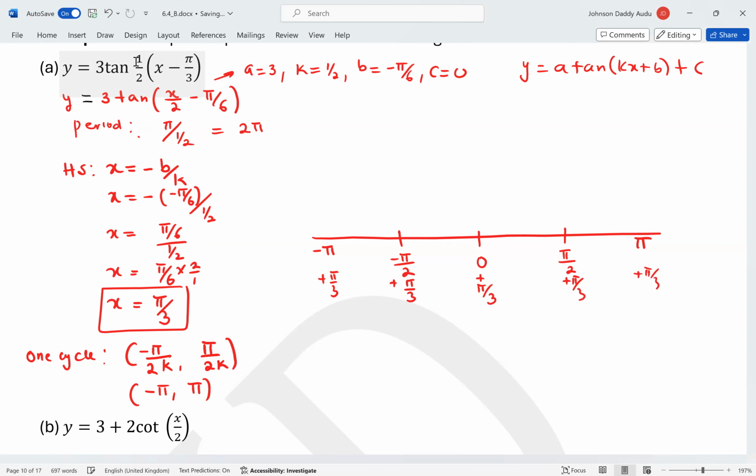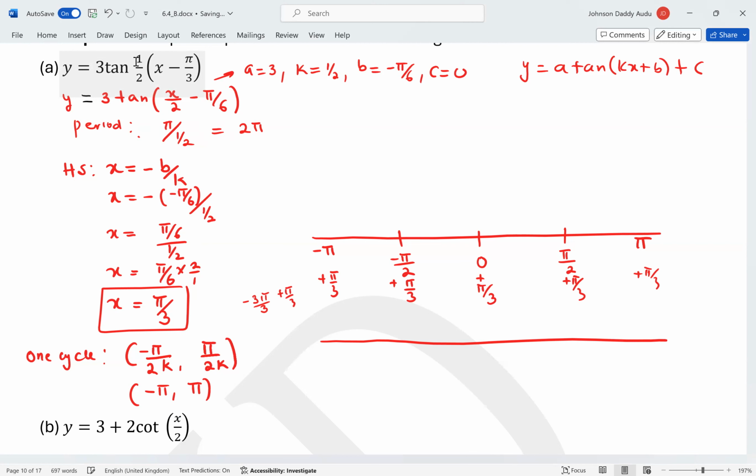So the graph is just going to start from where? This is minus pi plus pi over 3. Because here you have minus pi, so it's minus 3 pi over 3 plus pi over 3, since you're adding pi over 3 to everything.